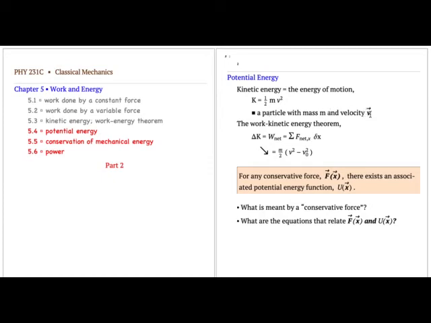Now, of course, velocity is a vector. But this v is not a vector. This v doesn't have an arrow over it, therefore it's not a vector. That's the magnitude of v. So it's the speed. So the kinetic energy depends on the mass and the speed.